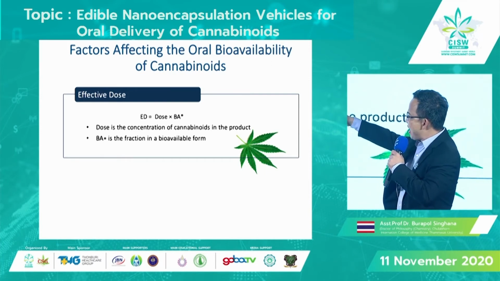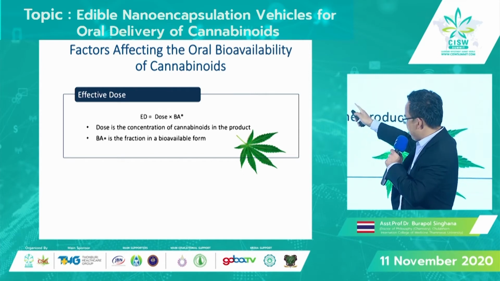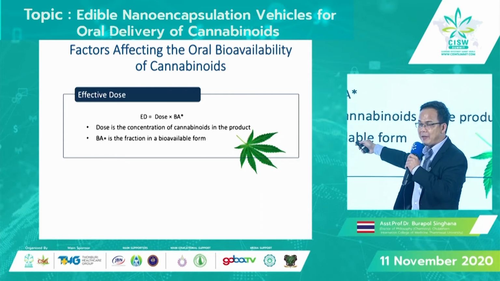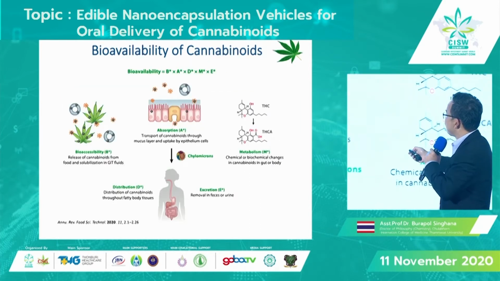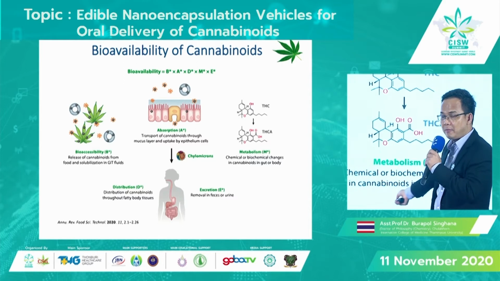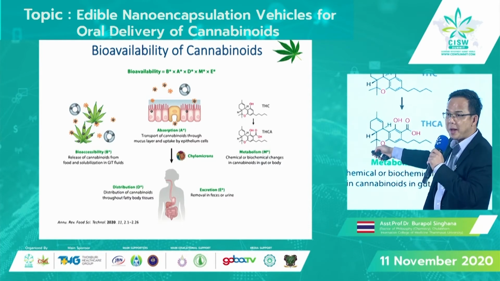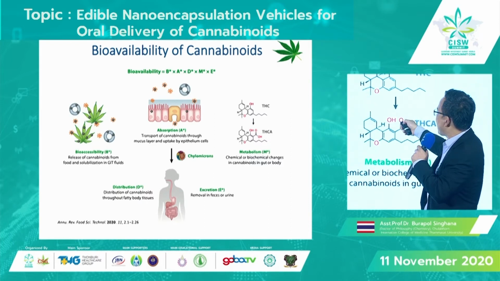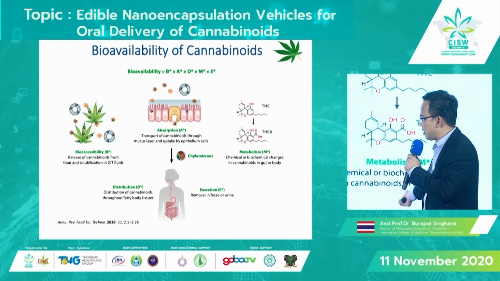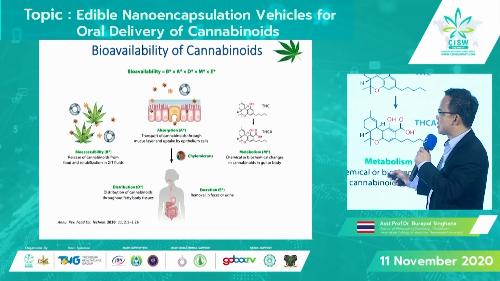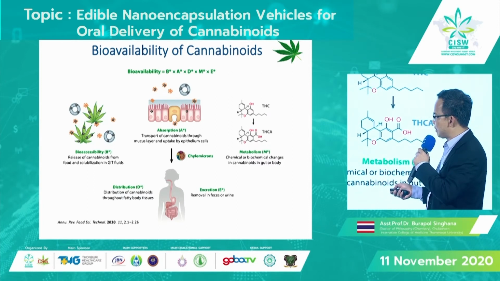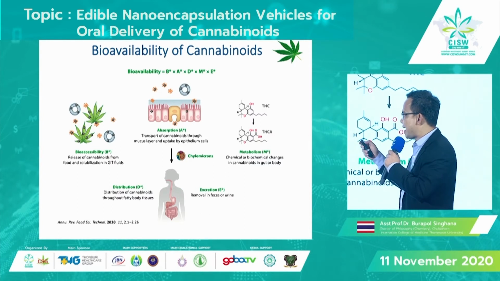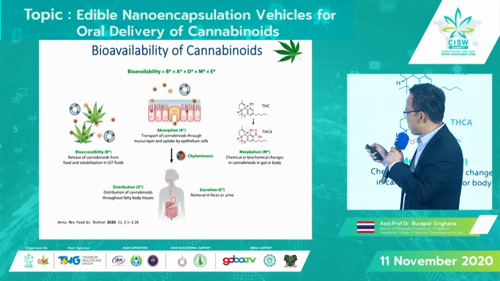When you want to see effective dose, you can determine it from dose, time, and bioavailability, right? So this factor affects bioavailability. That means the bioavailability of cannabinoids depends on these factors. The first one is bioaccessibility: release of cannabinoids from food and solubilization in GIT fluid, right?